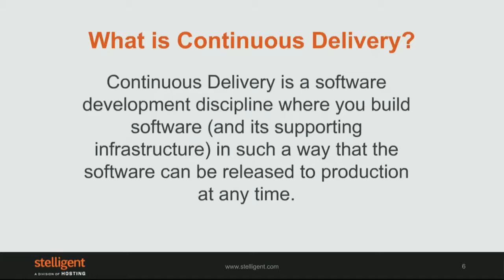Continuous delivery is really a modern development practice where we build software in a way that it can be delivered into production if you so choose at any time. Every single time you make a change to code, your application is fully tested, fully vetted, analyzed, and is brought to a position that it could be delivered into production if you so choose.